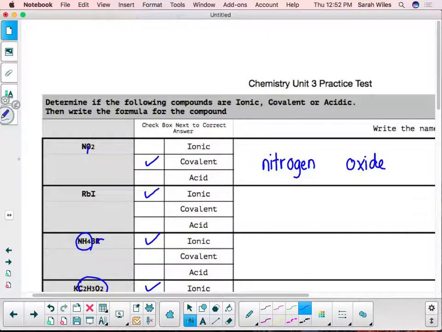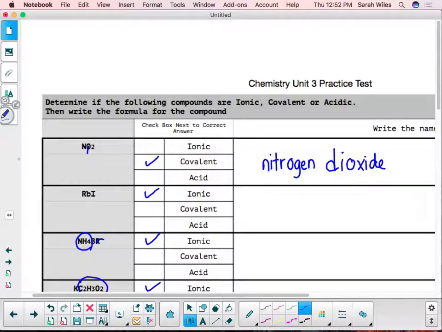The prefix for nitrogen should be mono, but do we ever put mono on the first element? No. The prefix for oxygen is di because there's 2. Nitrogen dioxide.